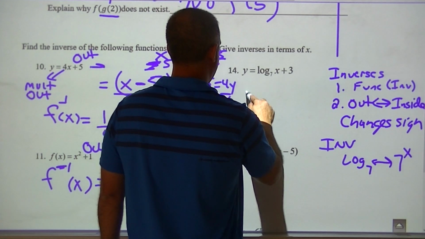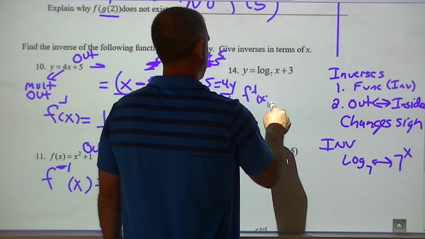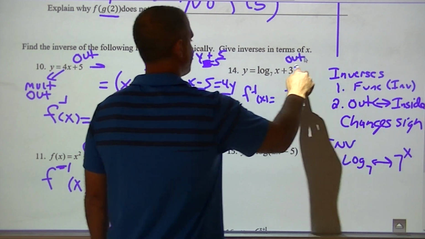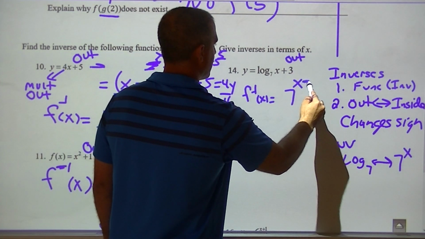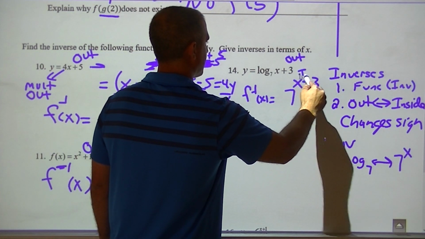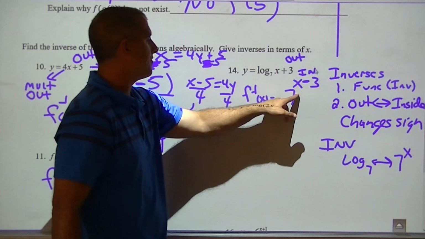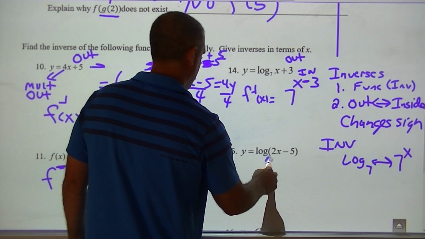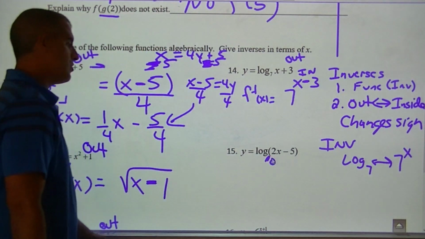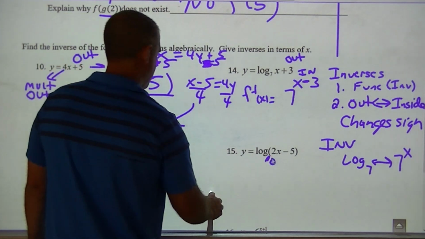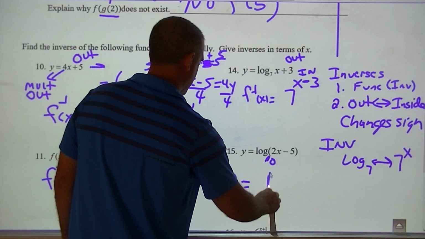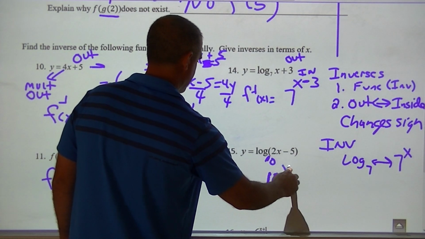So what I would have is 7 to the x. This would be outside. This minus 3 is considered the inside. When you don't have a base, you can use 10. So this would be base 10, with an x here.